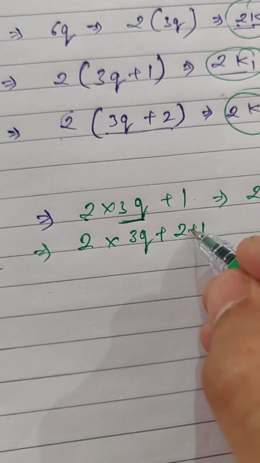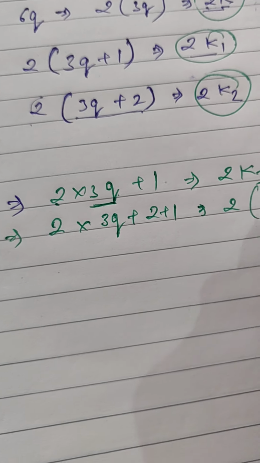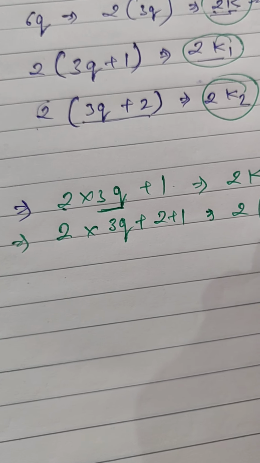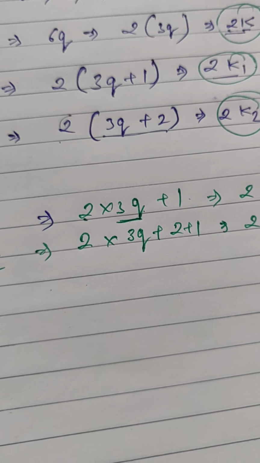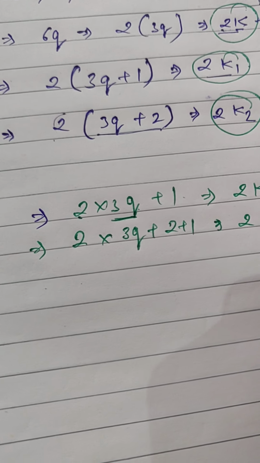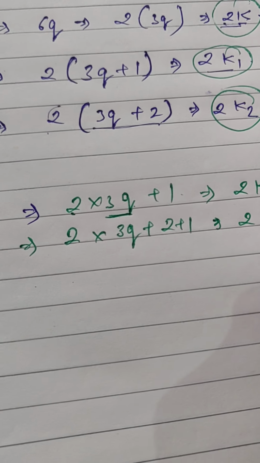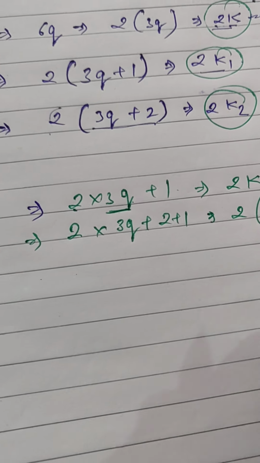So what we are doing is taking 2 as common and writing it as 3q + 1 + 1.